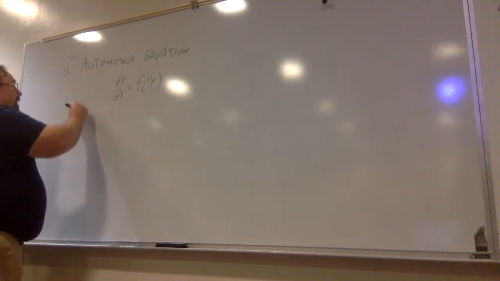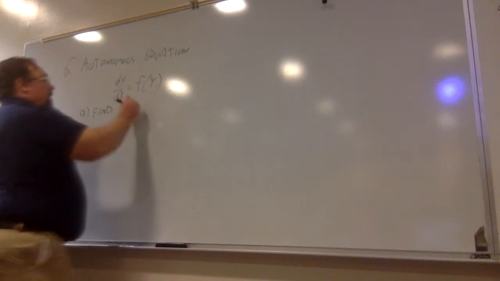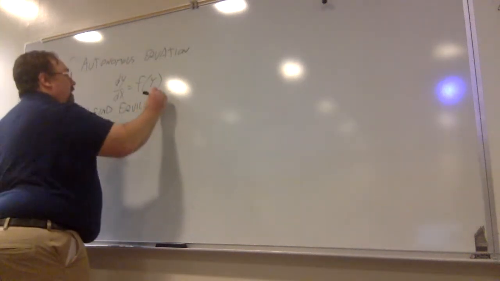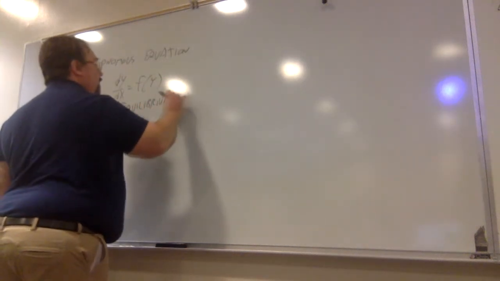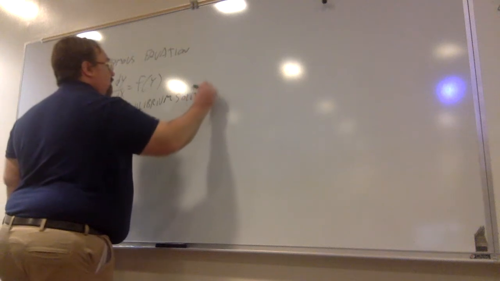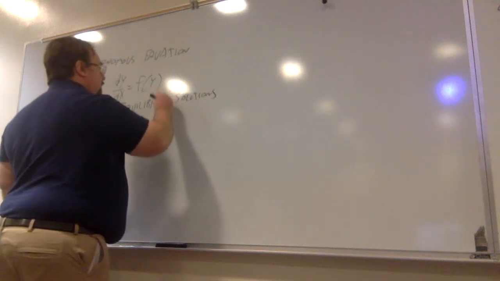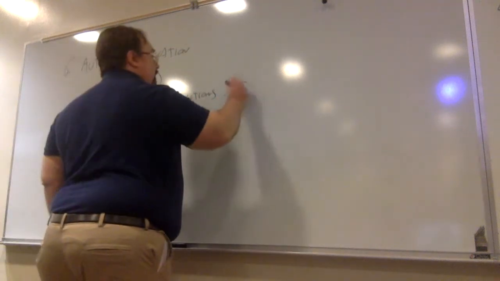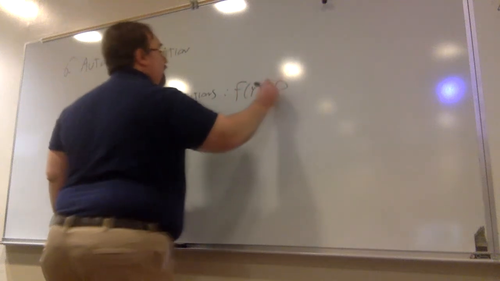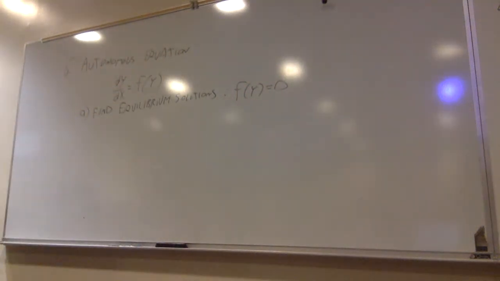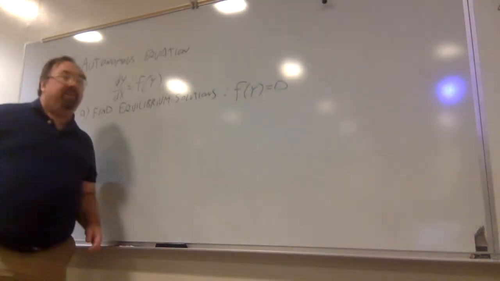So the first thing you need to do is find equilibrium solutions. That is where a function f(y) is equal to 0. And it'll be something that is algebraically reasonable. But make sure not to leave any zeros out.